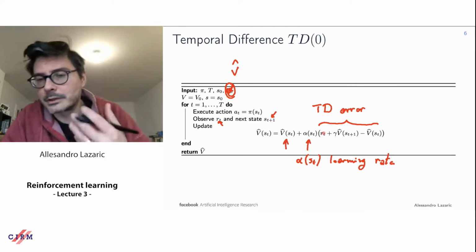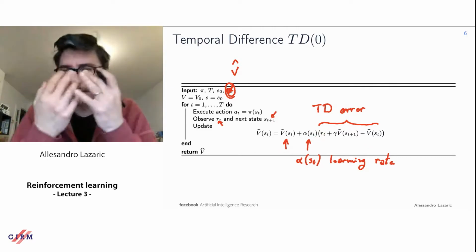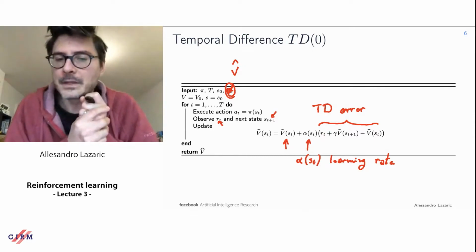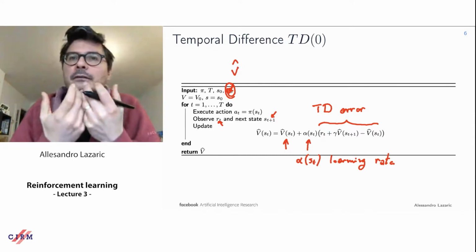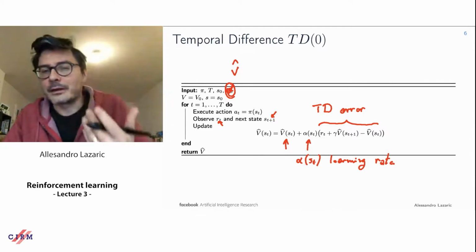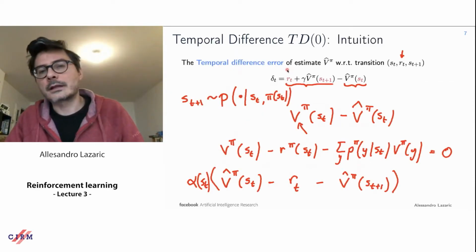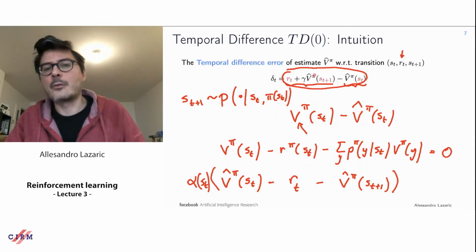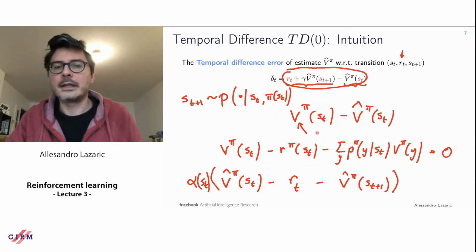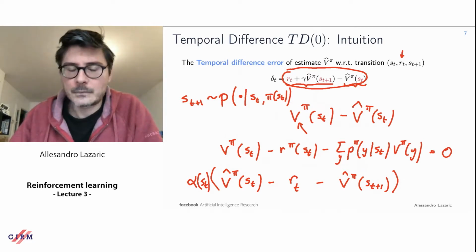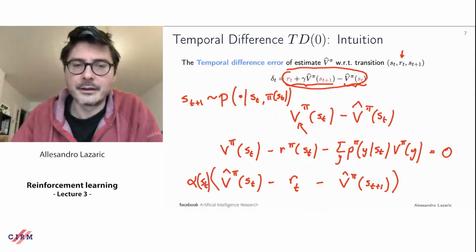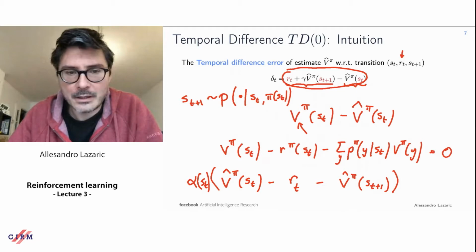And if you think about it this way, then everything becomes a little bit more sensible. I'm not using my estimate to compute errors. This one is directly estimating how much v hat is wrong in a Bellman equation sense. But that's the reason why it's not that crazy, this stuff.